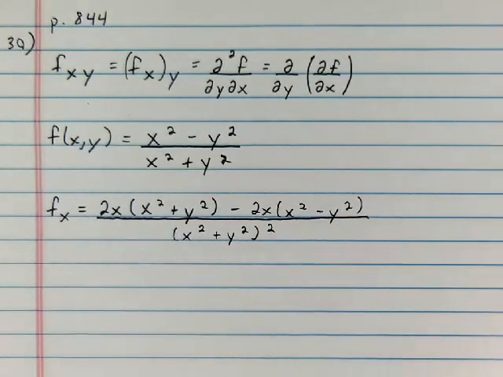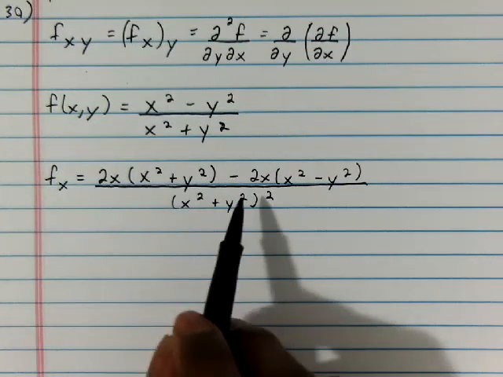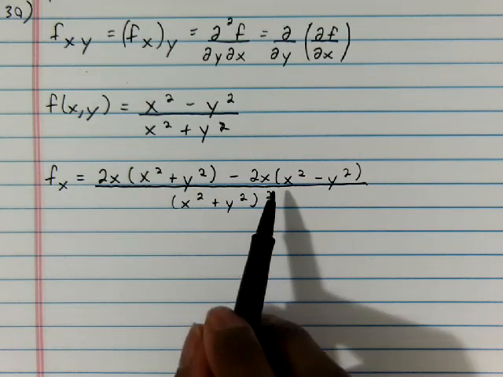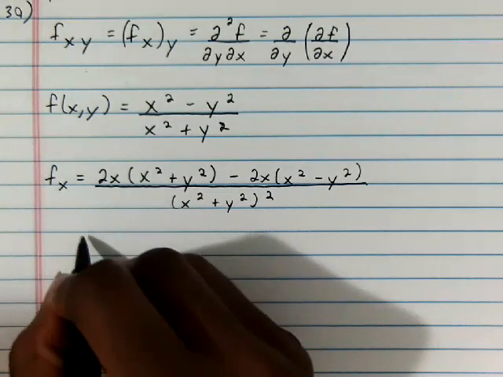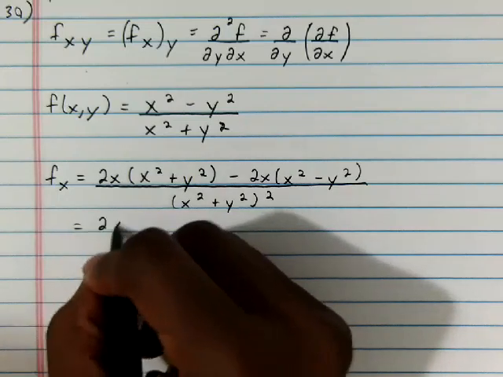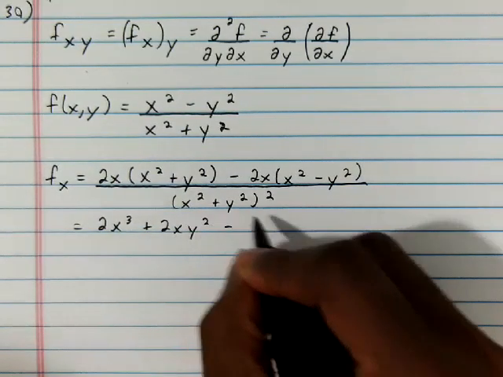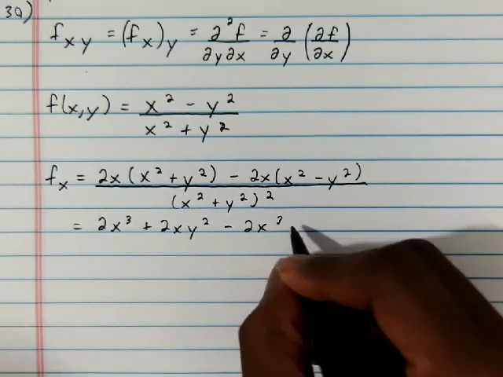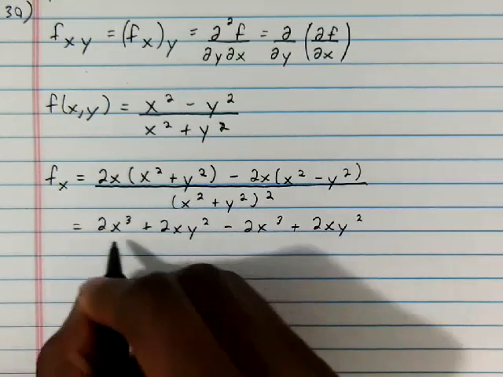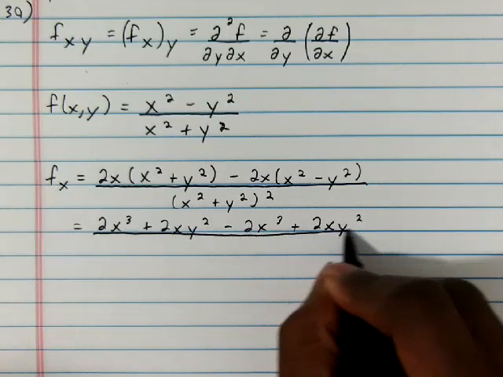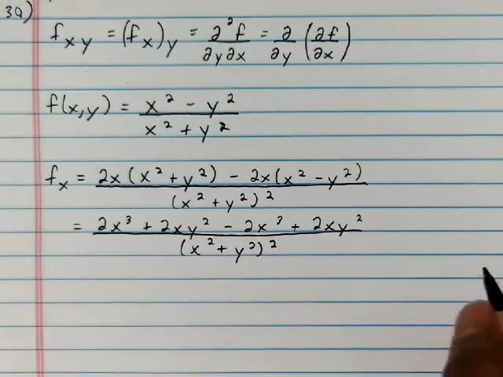And to simplify, let's see, we're going to get 2x cubed plus 2xy squared minus 2x cubed plus 2xy squared. Okay, so it does simplify. So we get this equals 2x cubed plus 2xy squared minus 2x cubed plus 2xy squared, all over the quantity x squared plus y squared, squared.